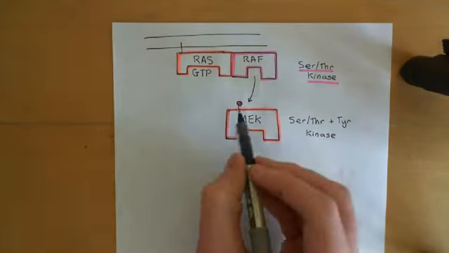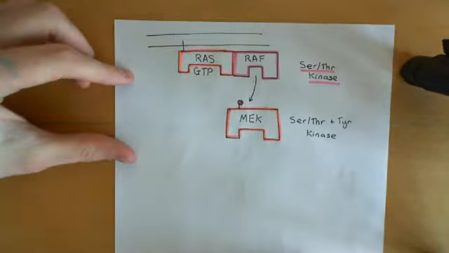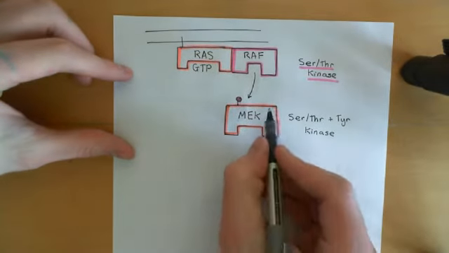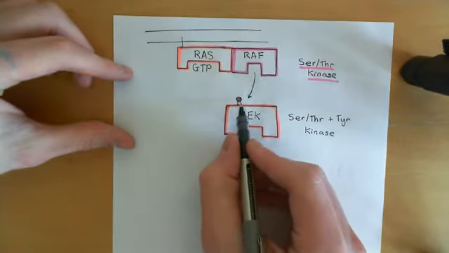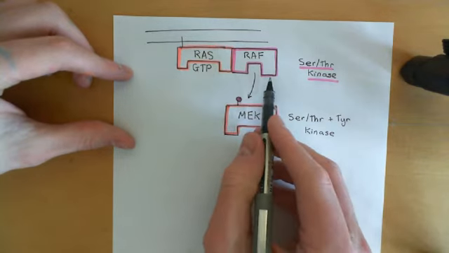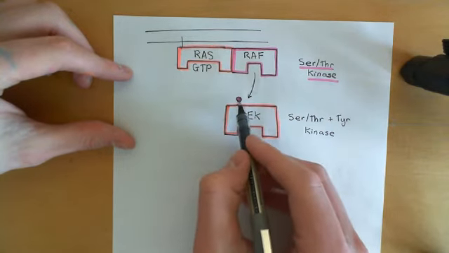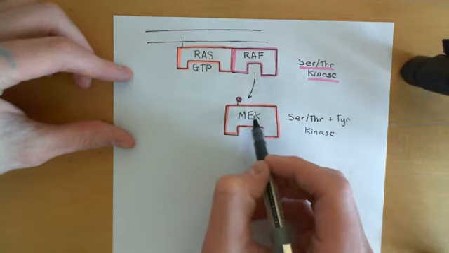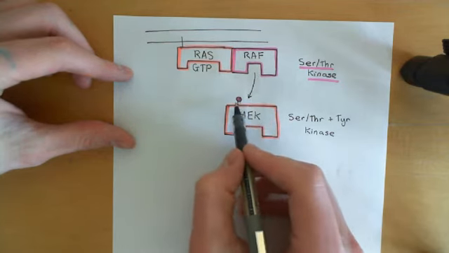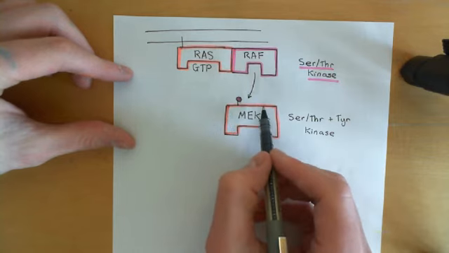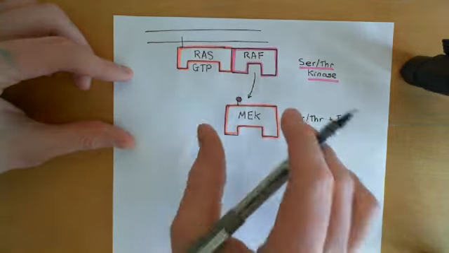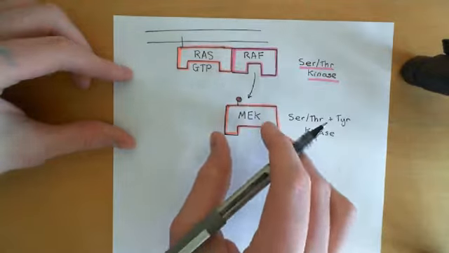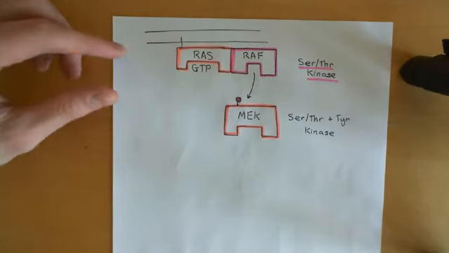There is the phosphate group being added onto the MEK enzyme. And I do not know exactly how many serine or threonines get phosphorylated in the MEK by the Raf, but this conveys the basic principle that the Raf is phosphorylating the MEK enzyme. It probably isn't just one, but it gets across the principle.